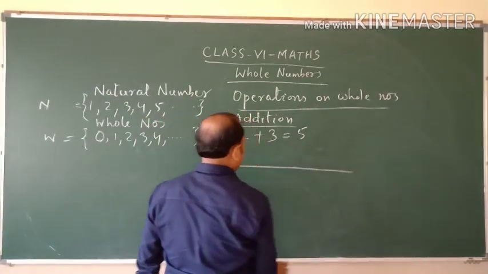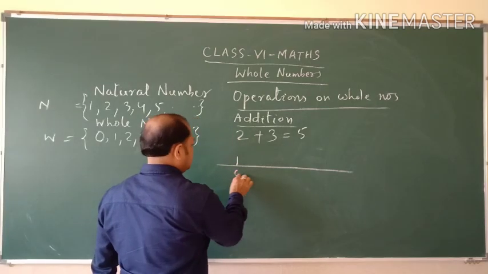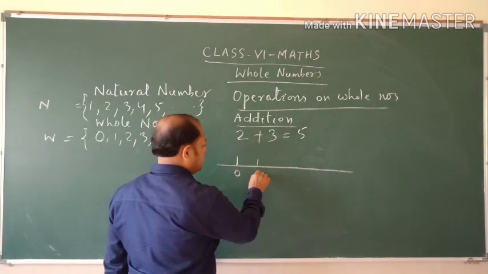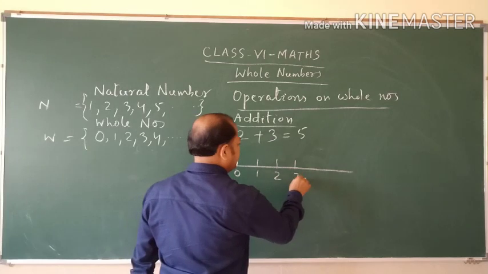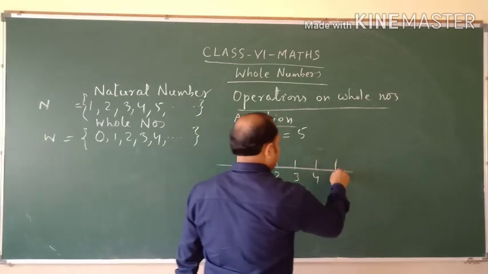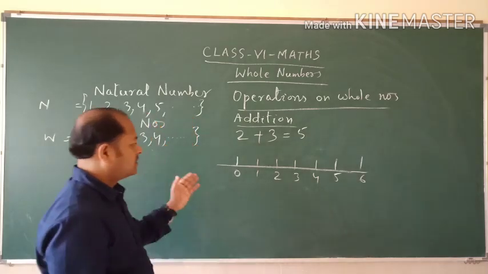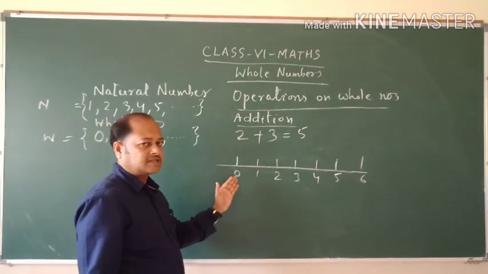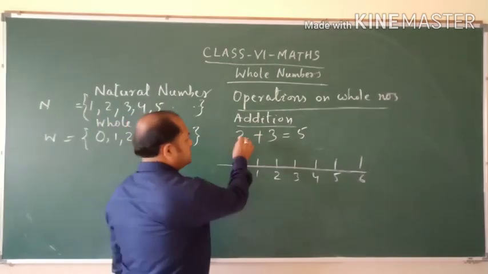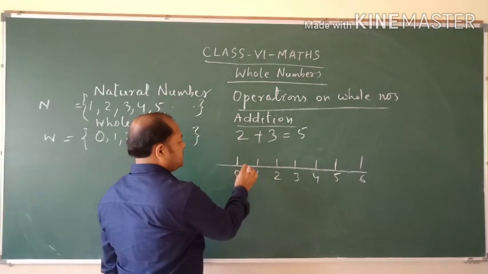Let's draw the number line. This part is 0, that part is 1, 2, 3, 4, 5, 6, like this. The smallest whole number is 0, that's why it starts from 0. First we mark 2.